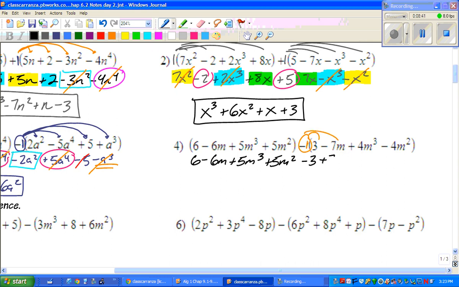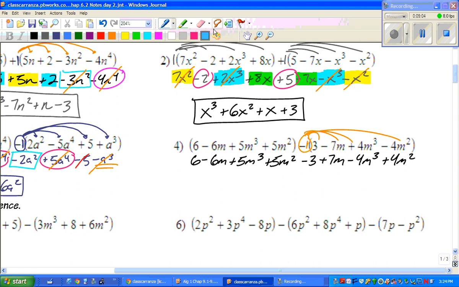Negative times a negative is a positive 7. Negative times a positive makes that a negative 4m cubed. And then a negative times a negative, positive 4m squared. So in the back, all that happened was my signs changed.